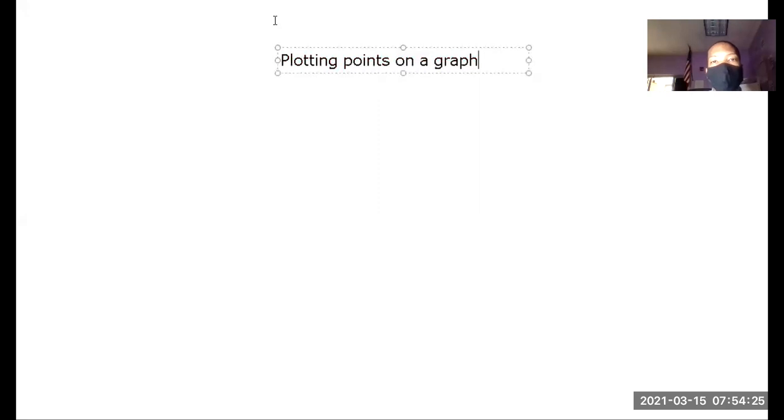And to continue, I'm going to draw my y-axis, and I'm going to label it y. Do this while I'm doing it so that you don't lose track.